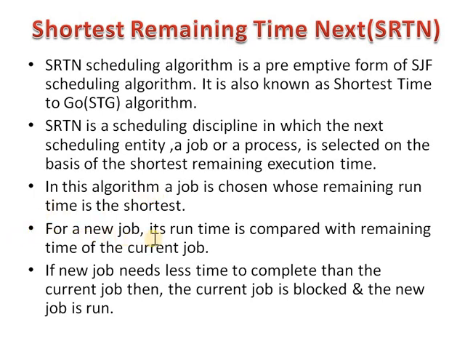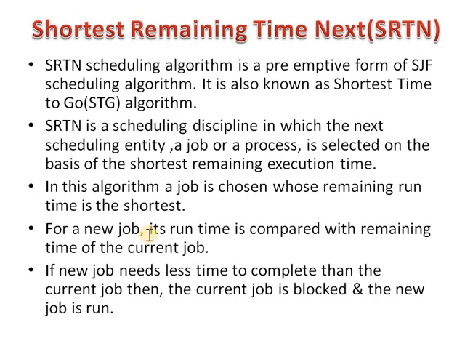For a new job, its runtime is compared with the remaining time of the current job. If any new process or new job comes into the queue, then at that time its runtime is compared with the remaining time of the current job.